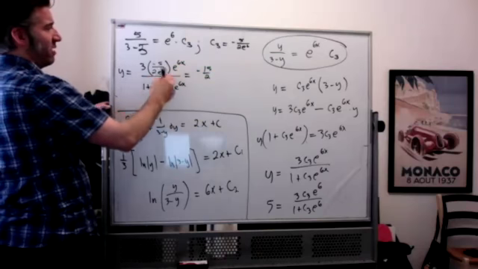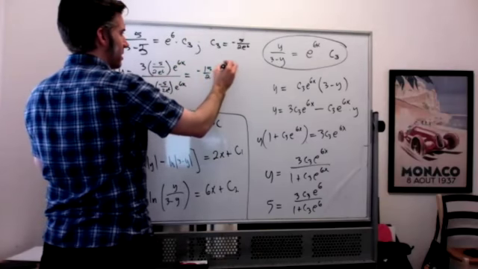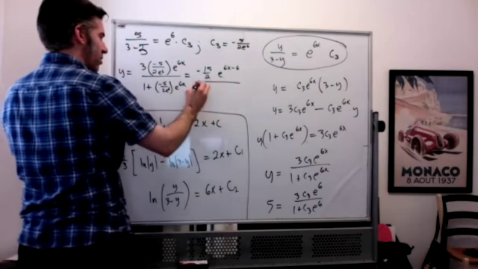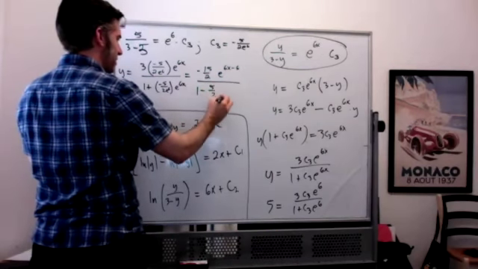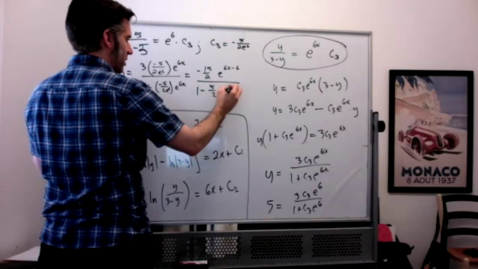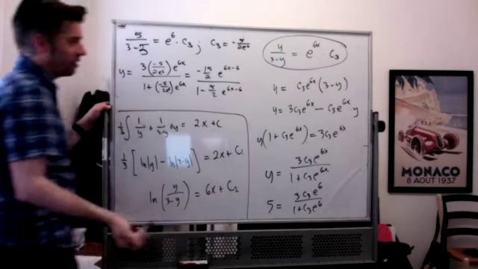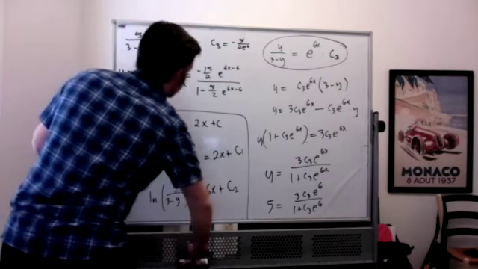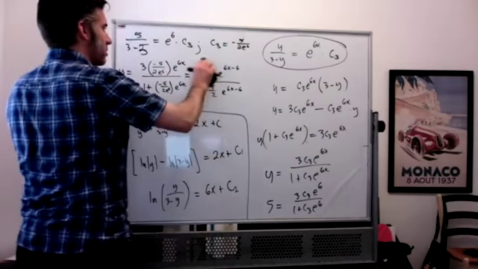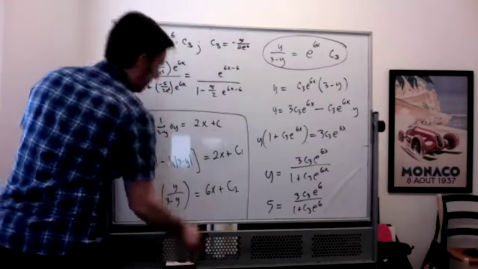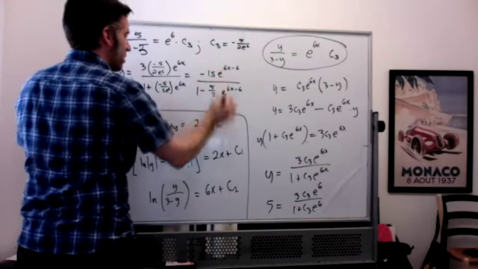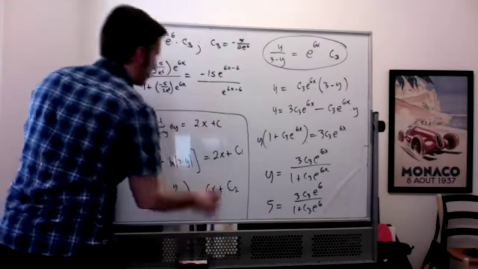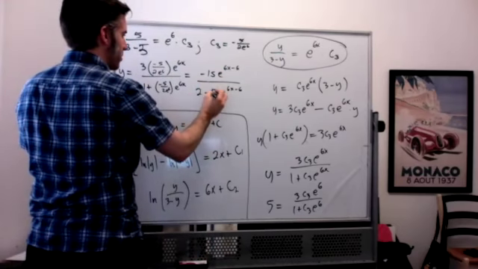E to the 6x divided by e to the 6 is e to the 6x minus 6, divided by 1 minus 5 halves e to the 6x minus 6. Often people would multiply this by 2 over 2 to get -15 over 2 minus 5 e to the 6x minus 6. Okay.